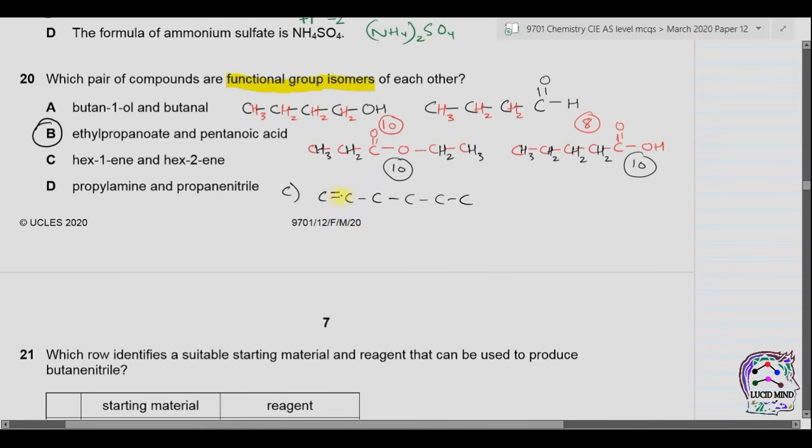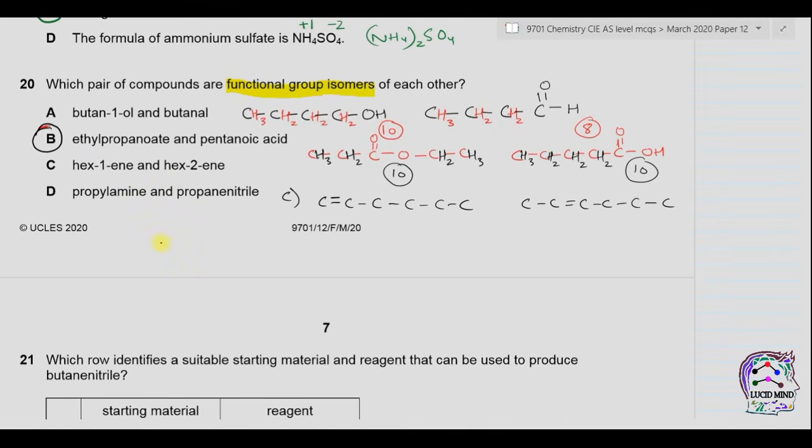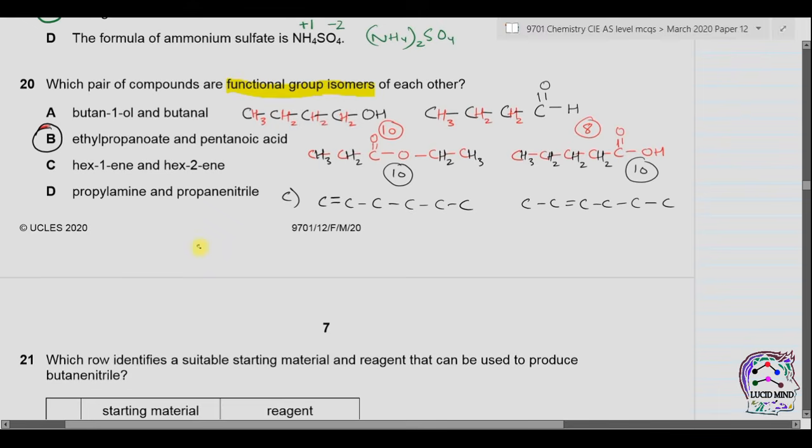This is hex-1-ene. And hex-2-ene means that the double bond is in between carbon 2 and carbon 3. As the functional group in both of them is the same, they are not functional group isomers, they are actually the same alkene compound.